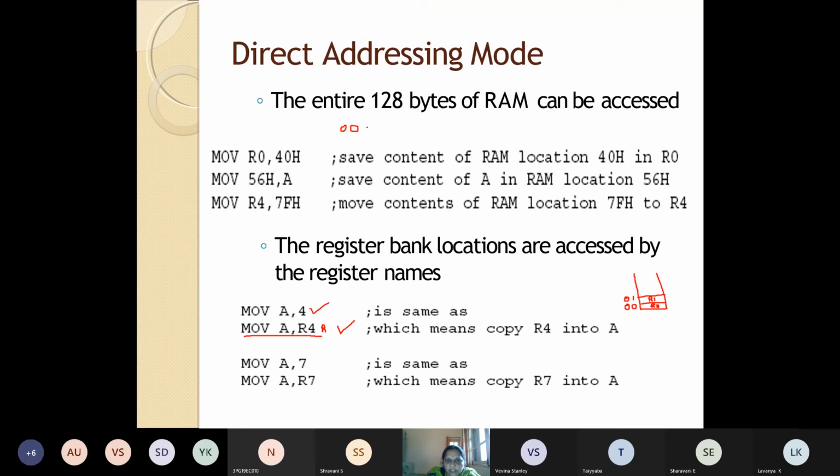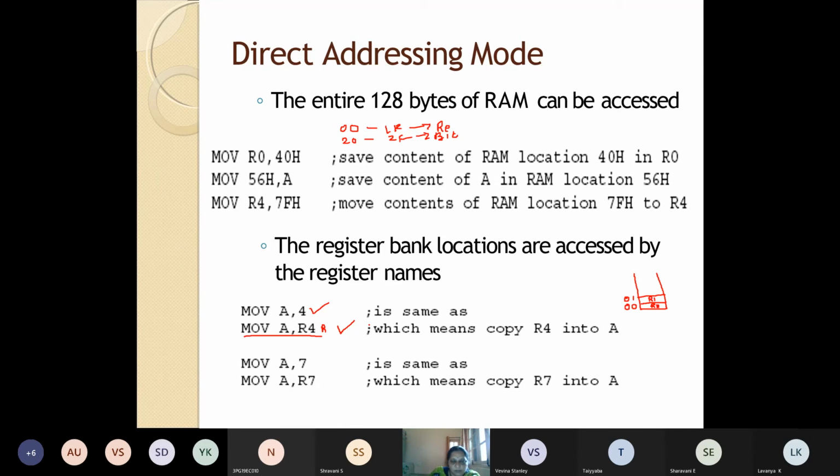00 to 1F is dedicated to the register bank. 20 to 2F is dedicated to the bit addressable area. Above those memory locations you have the general purpose memory area. It is not always mandatory to use them; you can use any register from 00 to 7F.